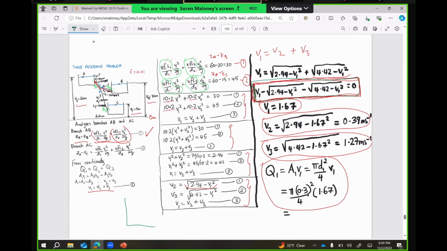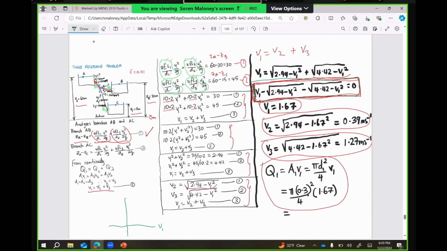This is your V1 axis, and there's some value of V1 where this entire expression goes to 0, right?